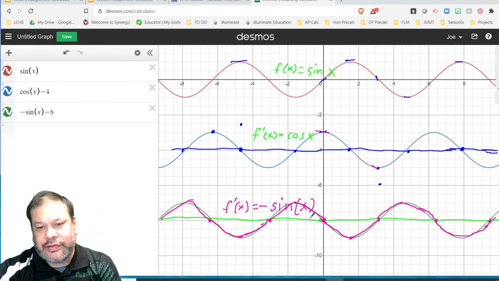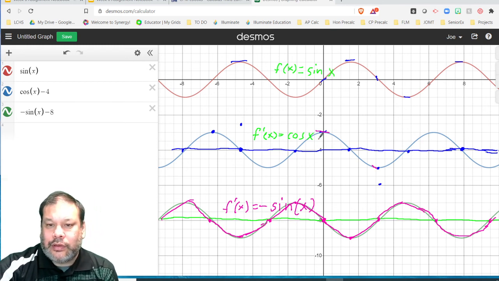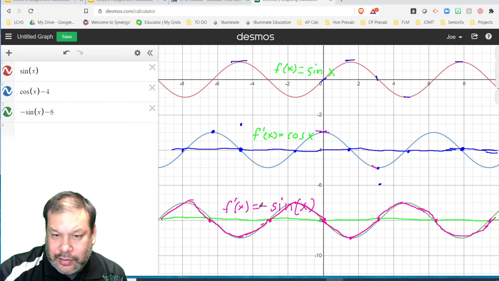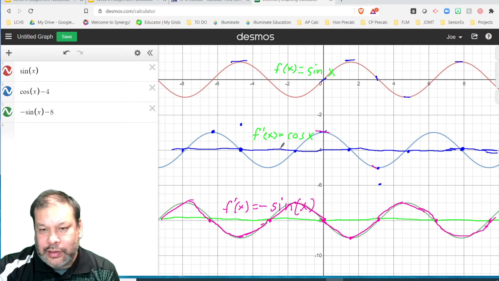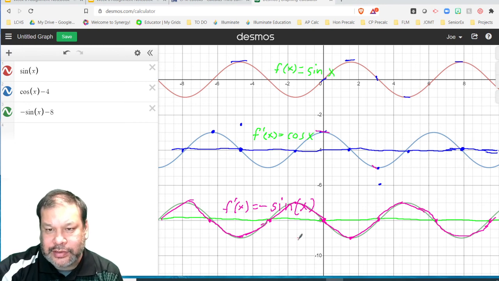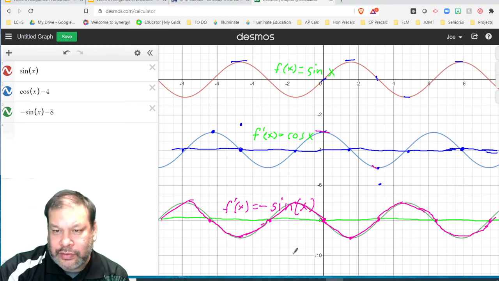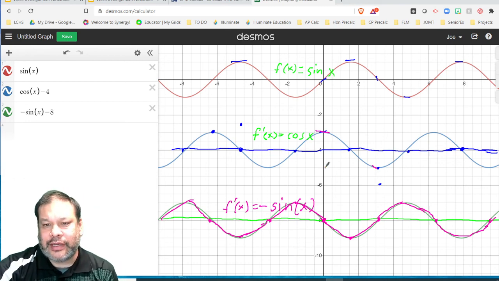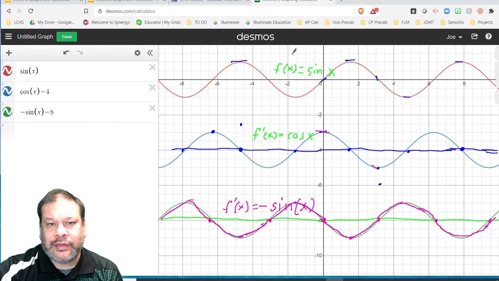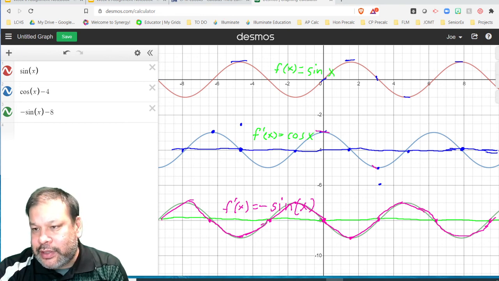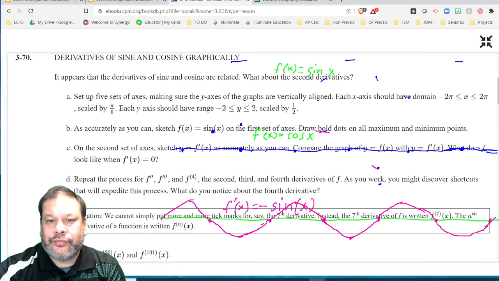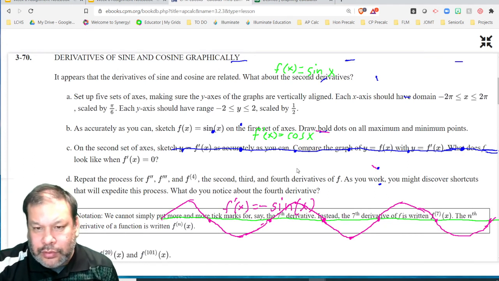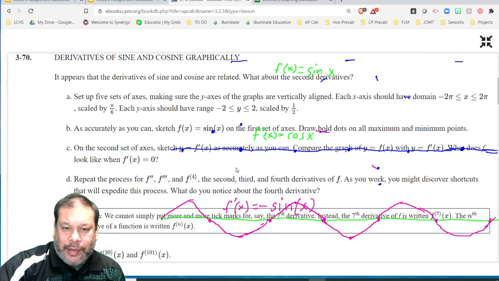So the pattern continues. You can make the conjecture that f double prime of x is going to be negative cosine of x. And when you continue to the fifth one, you'll get sine of x. So when it asks what is going to be the 1000th, it's just like when you're finding the pattern for i squared, i to the 4th, or i to the 16th.